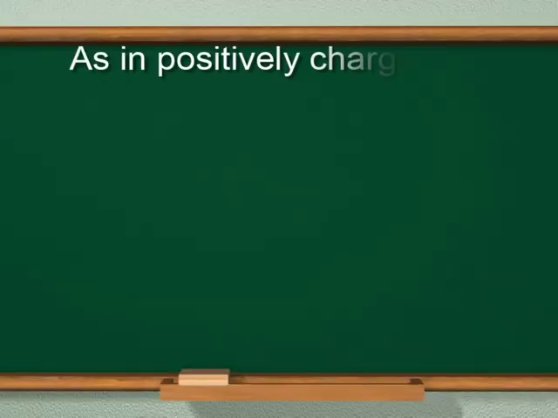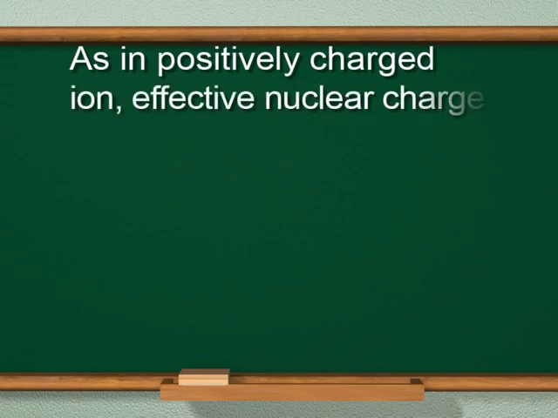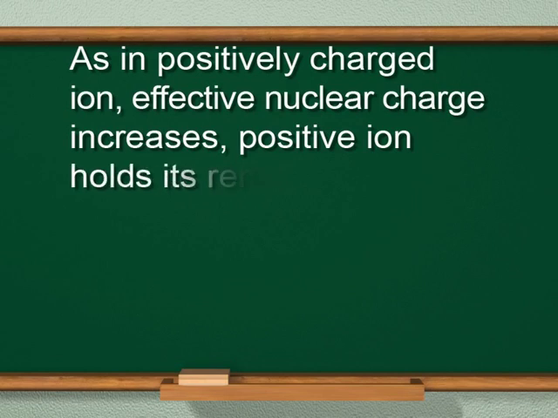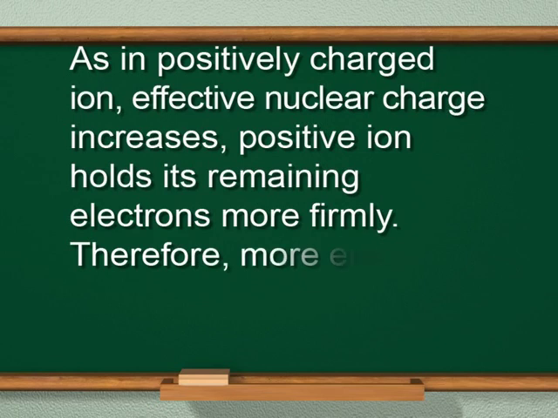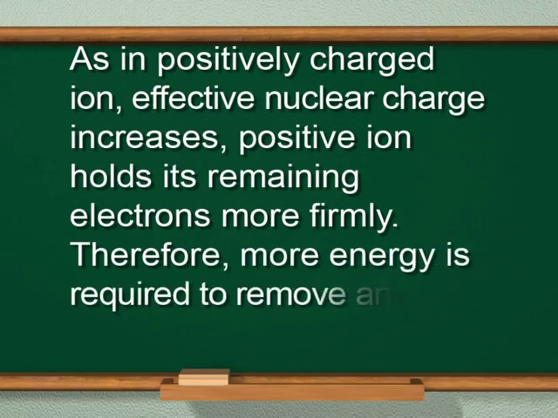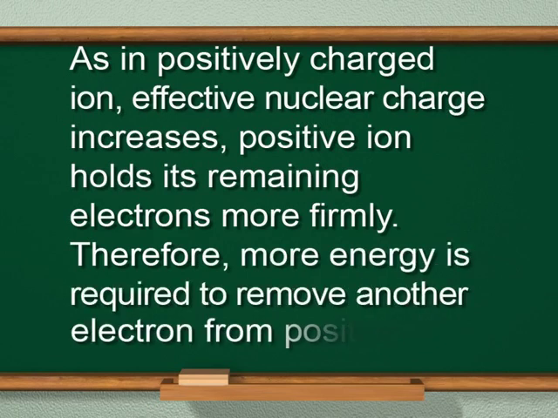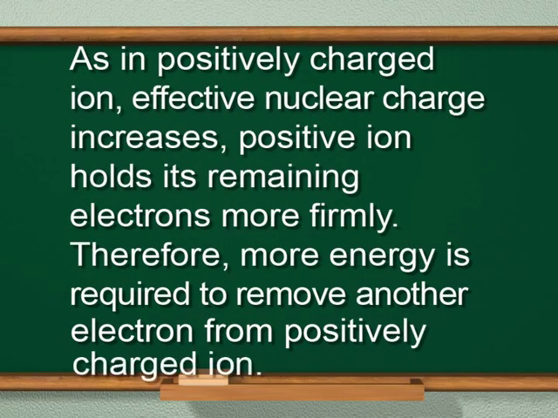As in a positively charged ion, effective nuclear charge increases, the positive ion holds its remaining electrons more firmly. Therefore, more energy is required to remove another electron from a positively charged ion.